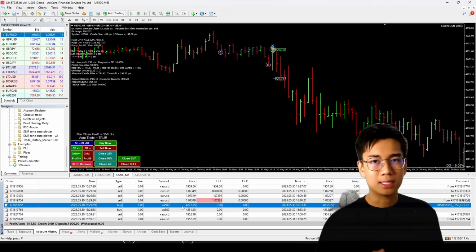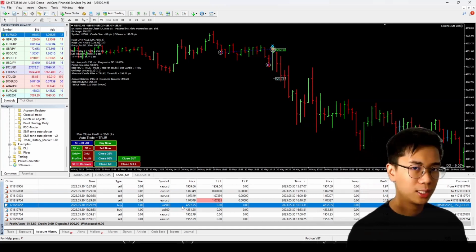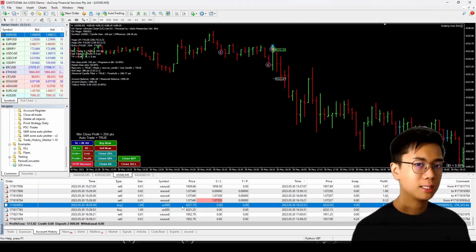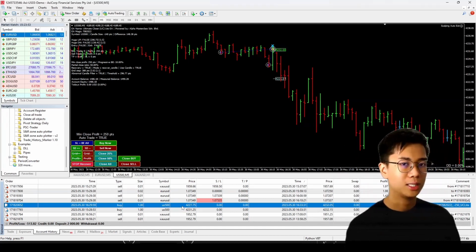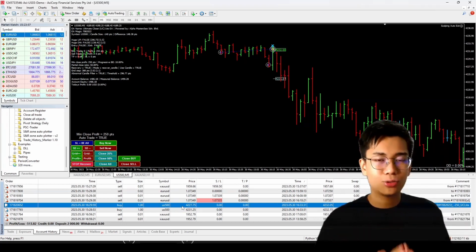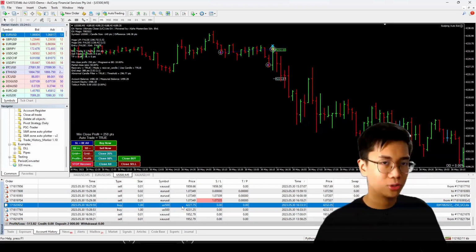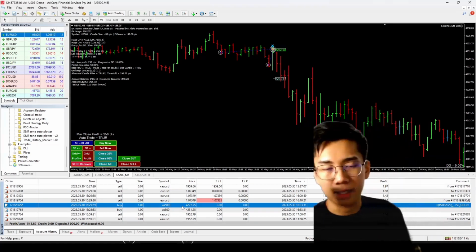This robot is indeed the one that solved for a better exit. I put the swing trading into Euro USD and GBP USD, but it's not trading. Auto trading is enabled. Yes, by default, these two robots that are given to you guys are not going to trade. Let me repeat again.